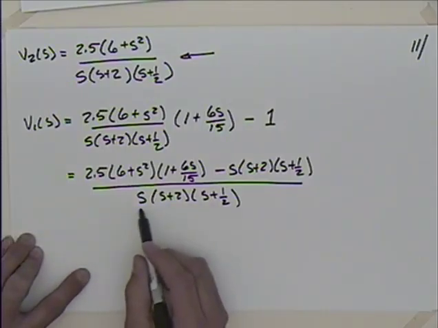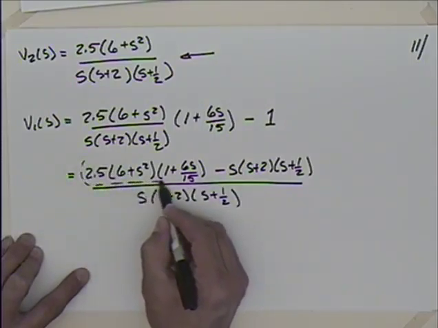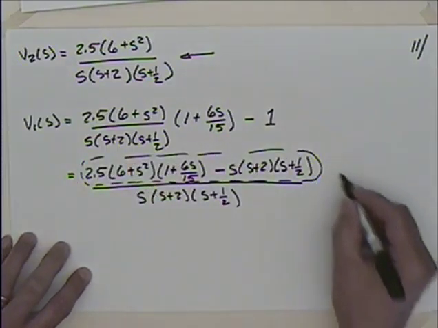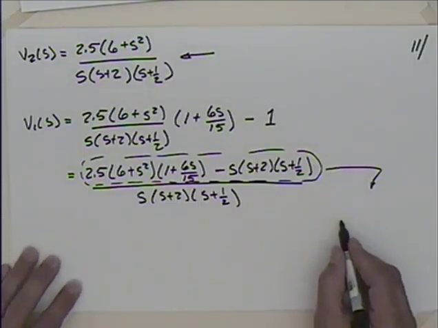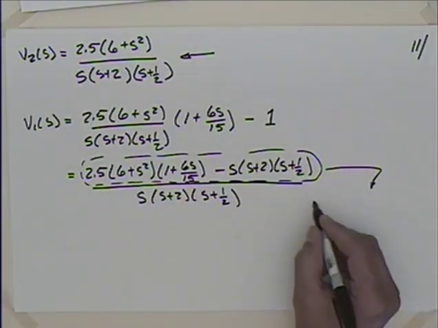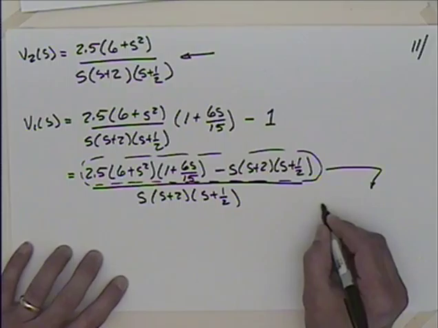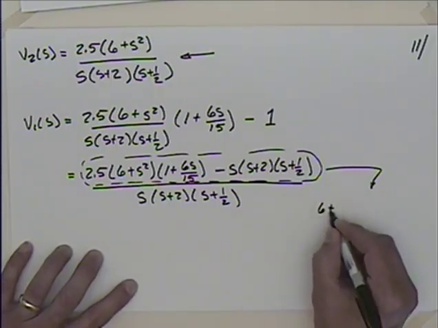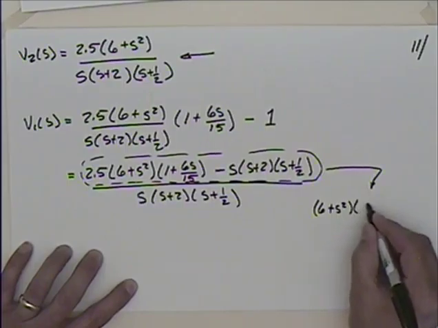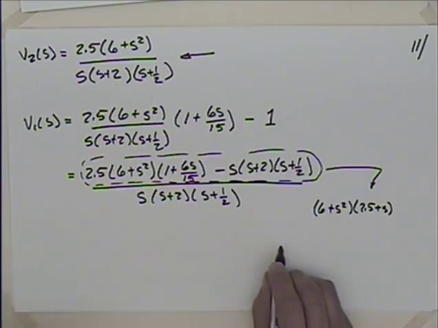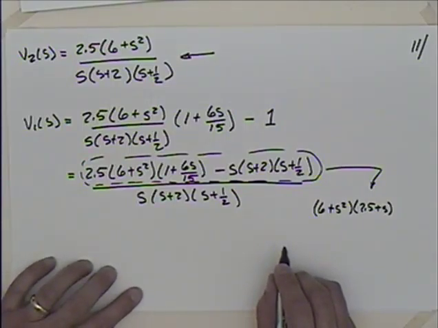And when we work all of this out, this piece here, when you multiply that all out, what are you going to come up with? I think we'll come up with what? 6S squared. Yeah. So you've got 6 plus S squared times 2.5 plus S. Is that right? Yeah.